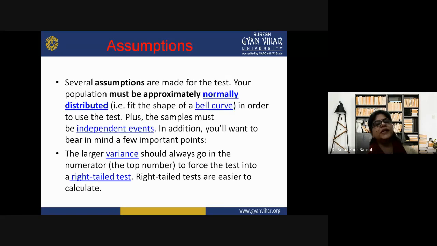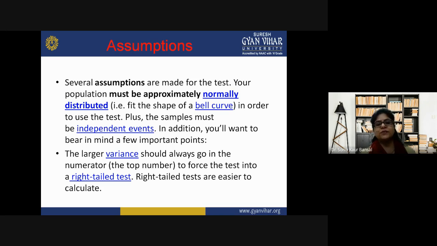Now, what are the assumptions lying behind the F-test? So students, as a researcher, I know you will be doing hard work for your research work, your dissertation, your thesis work, and you will be applying your data, and you have selected your hypothesis in a very refined way. But what are the assumptions when we are using any particular test?